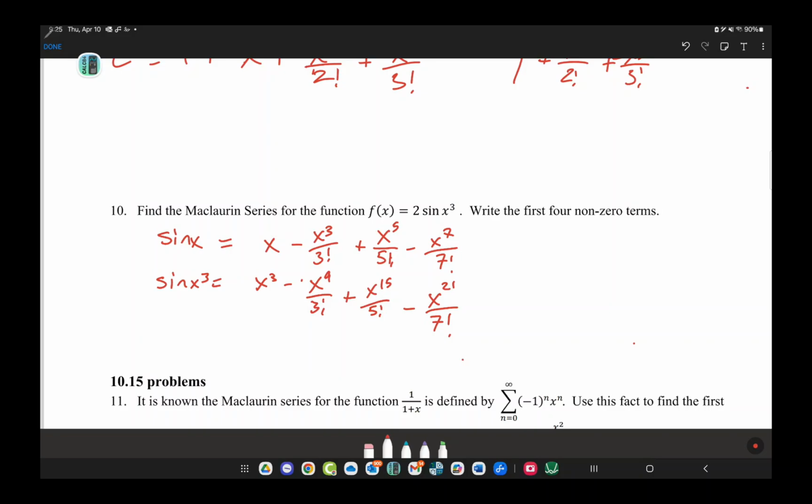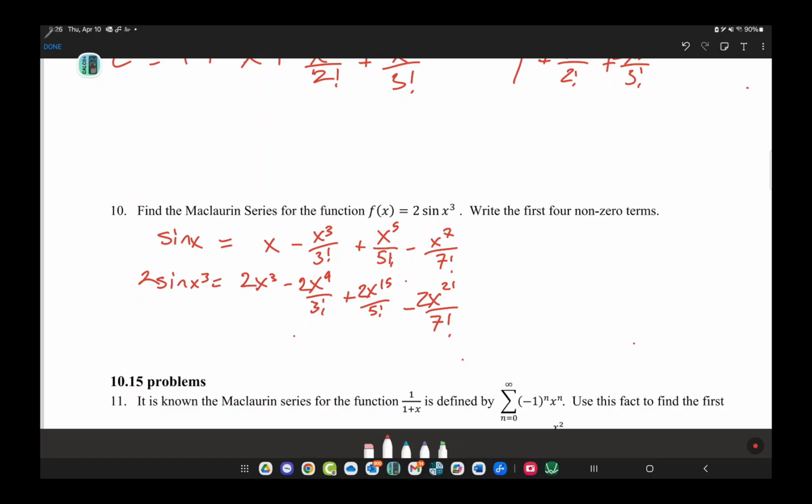And then what do we do? Yeah, multiply everything by 2. So 2, 2, 2, 2. Could you put the 2 to the 9th and then the 2 to the 15th?